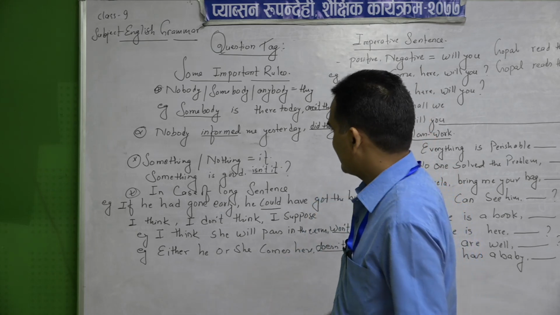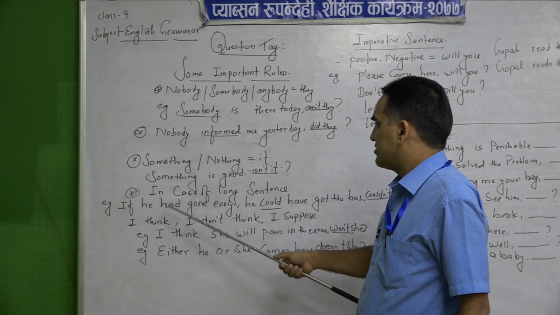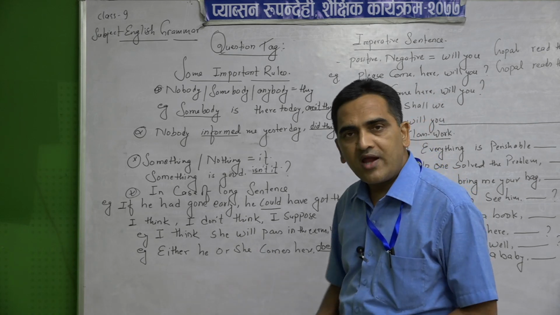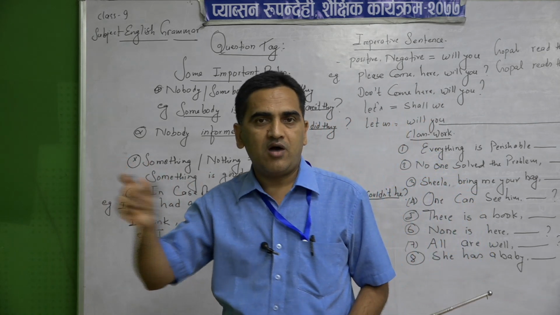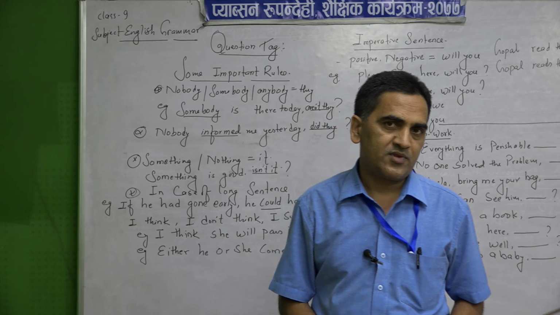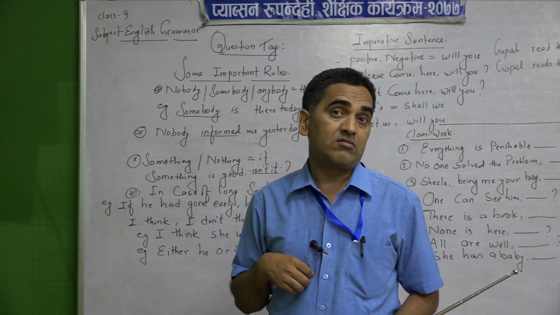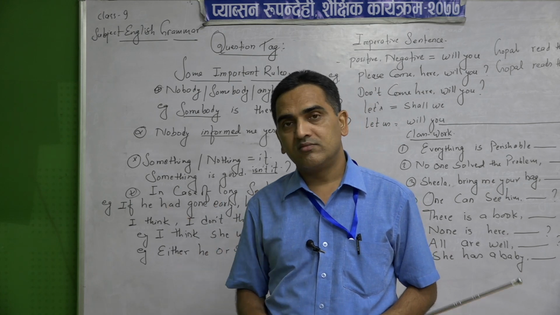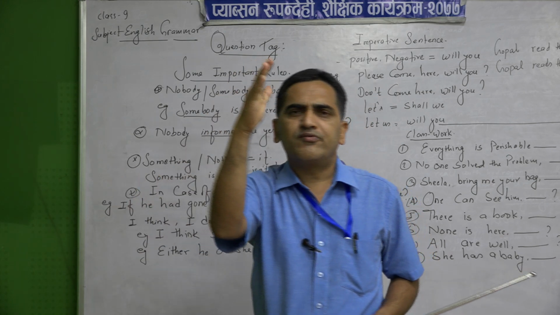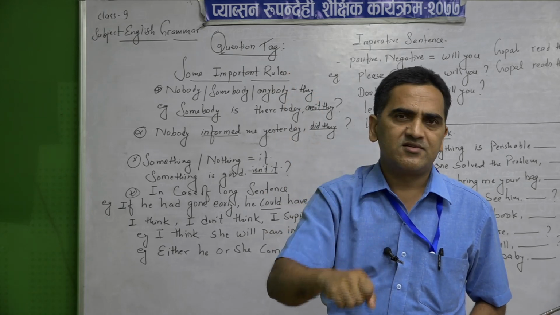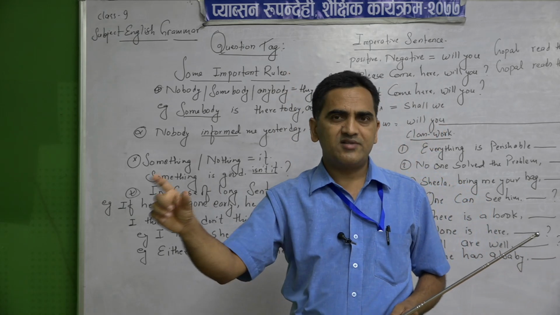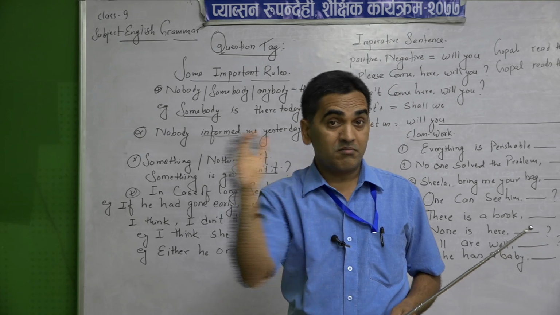All right. And my dear students, I told you, when you find long sentences of if sentence, like, if I were Prime Minister of Nepal, I would solve the problem. It is a long sentence, and you have to find out which is the main sentence. If clause, main clause.